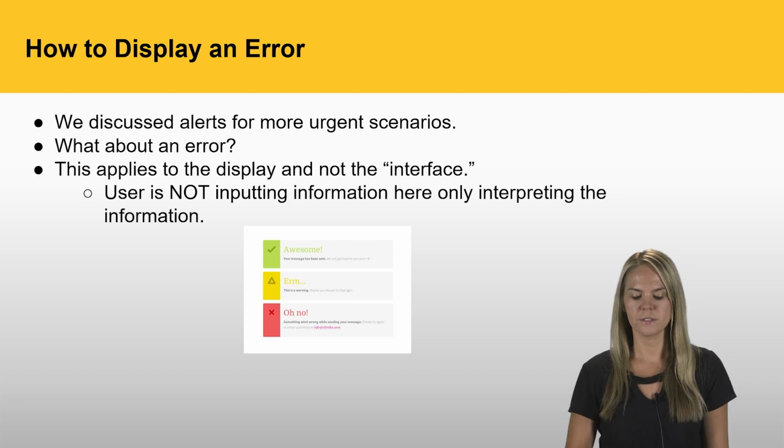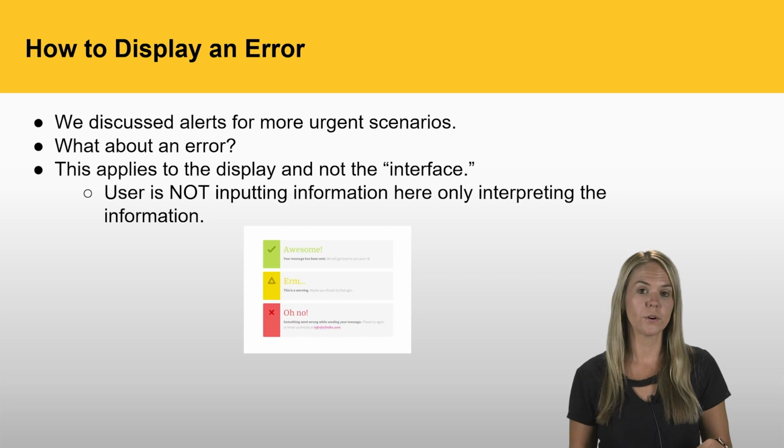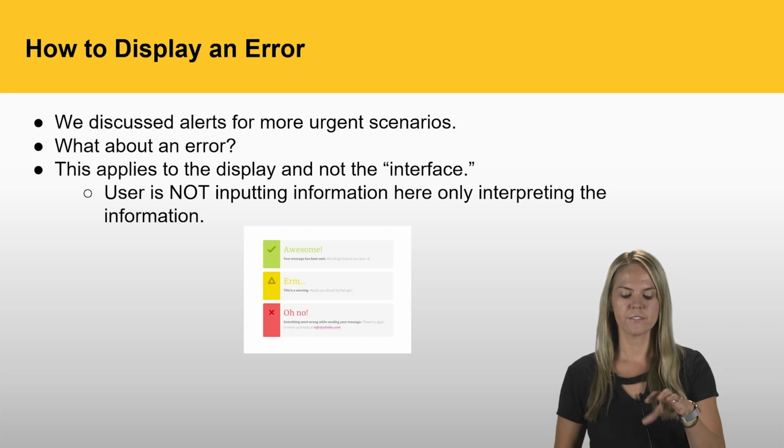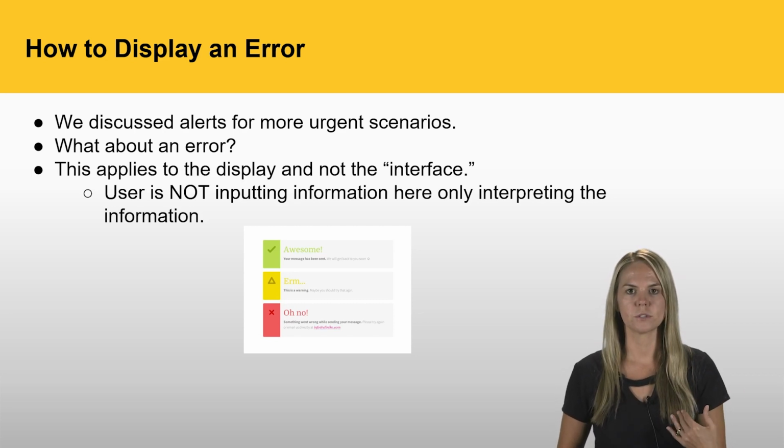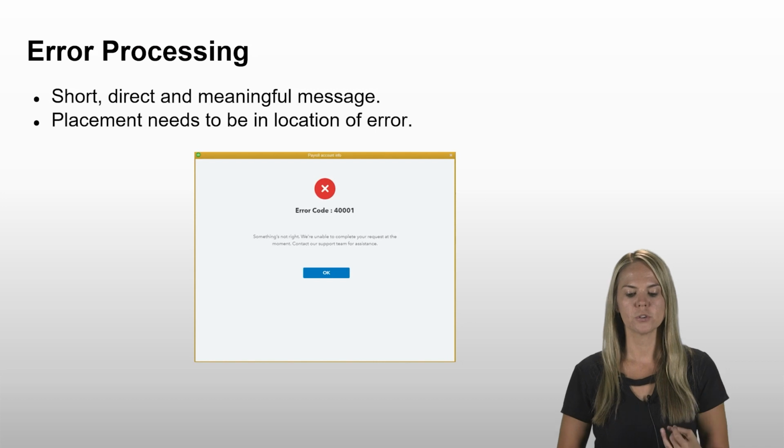There's a warning, and then oh no, those are the levels that we're accustomed to. There's some type of error. So what we want when we give the error in the display is to be short, direct, and meaningful. When it says error code 40001, that means nothing to us as the user.